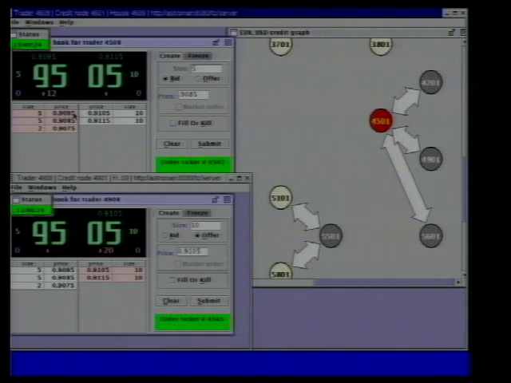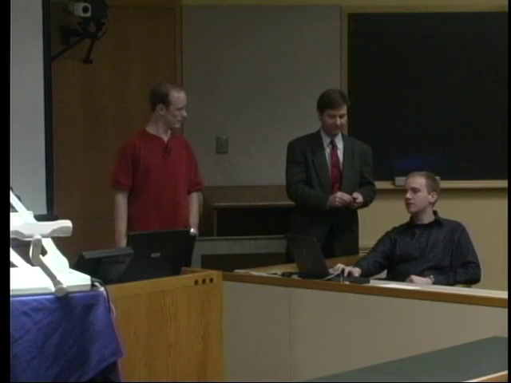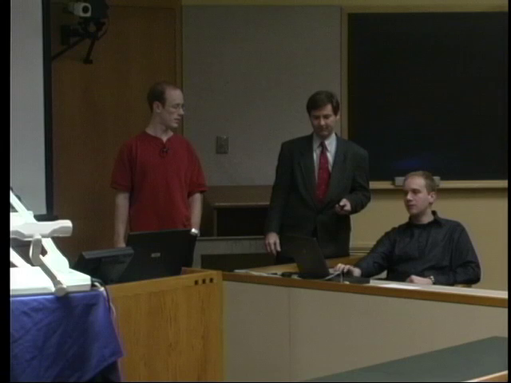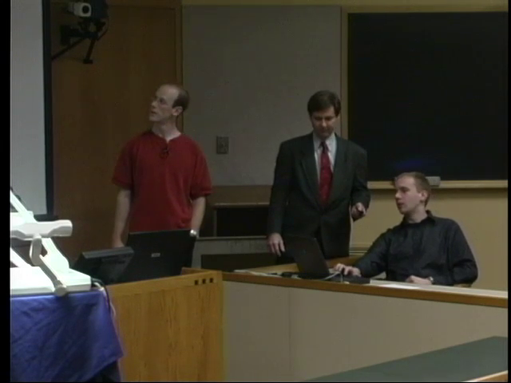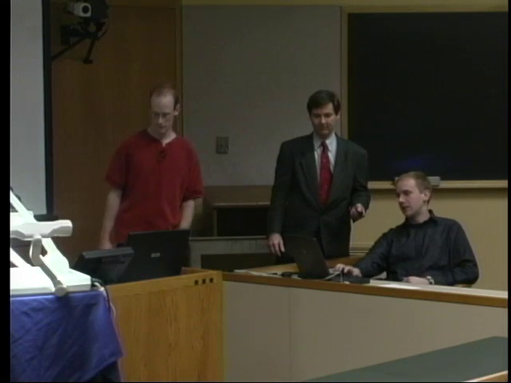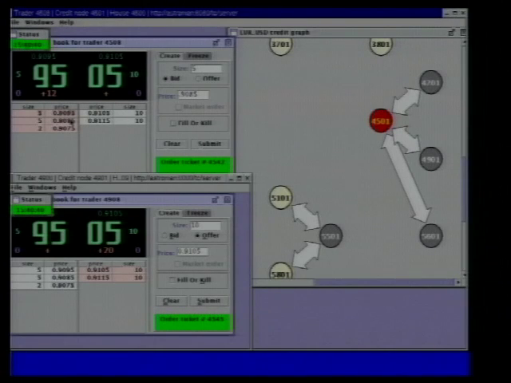Back up here. As the fund here, I want to buy euro. I have a total of 12 million euro on the book. I'm willing to pay 90.95 cents for my largest bid, and then I have some other bids behind that.